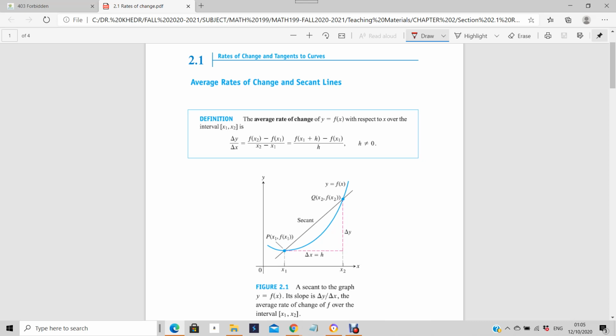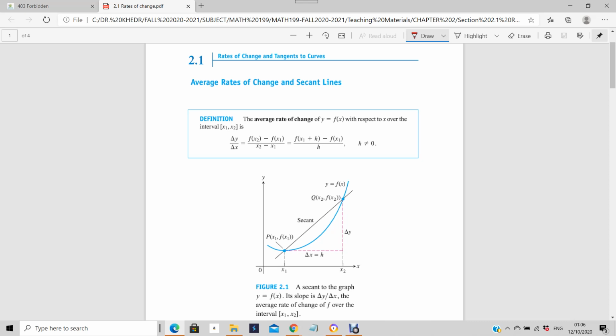Now, if we replace x2 by x1 plus h, because x2 is measured from the origin to this point x2, then we can say x2 is equivalent to x1 plus h. So that's why you see here in the definition, instead of f of x2, we replace x2 by x1 plus h. So now the average rate of change, which is delta y by delta x, we can write as f of x1 plus h minus f of x1 divided by h.